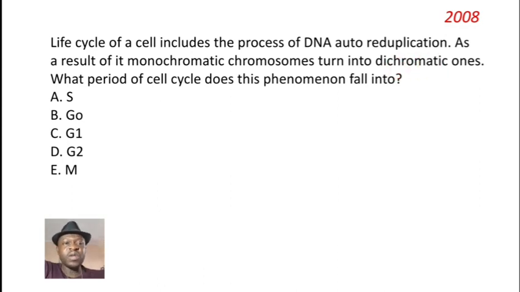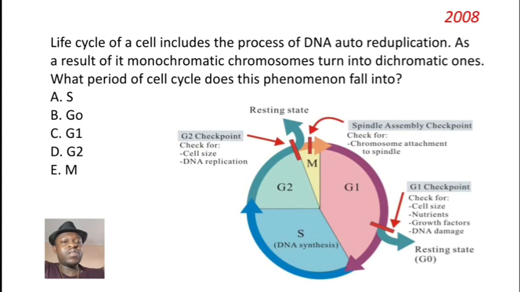You can just say duplication, because the terms monochromatic, dichromatic, chromatic have something to do with colors. I don't know what happened when they were writing these terms. But that should not make you choose wrong answers. You should understand there is DNA reduplication. That's the keyword.